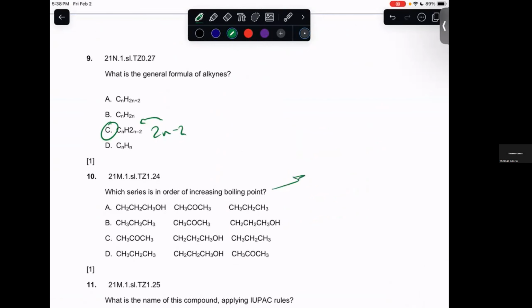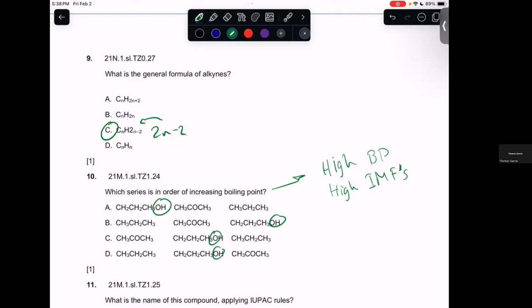So for a high boiling point, we want high IMFs, meaning that we want things like H bond. So we're looking for alcohols. So if I identify alcohols, there's an alcohol, there's an alcohol, here's an alcohol, here's an alcohol.